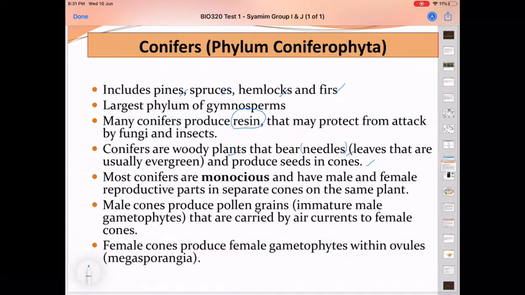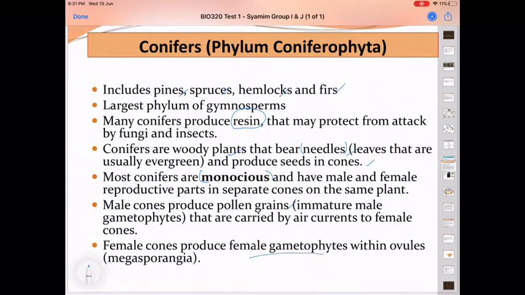Most conifers are monoecious and have male and female reproductive parts in separate cones on the same plant. So I think you can check what monoecious means. The male cones produce pollen grains, or the immature male gametophyte, that are carried by air currents to female cones.